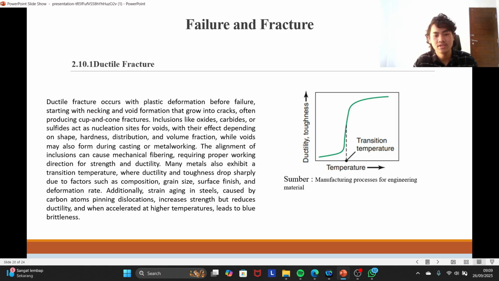Additionally, strain aging in steel, caused by carbon atoms binding to dislocations, increases strength but reduces ductility, and when it occurs at higher temperatures leads to blue brittleness.